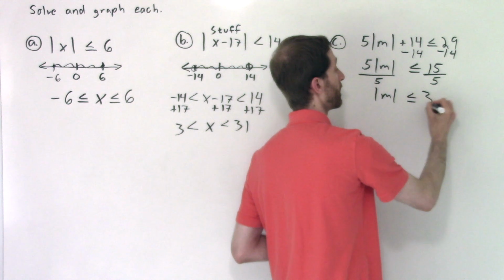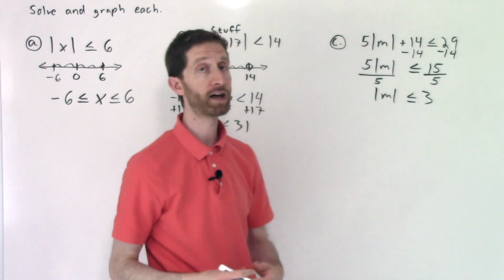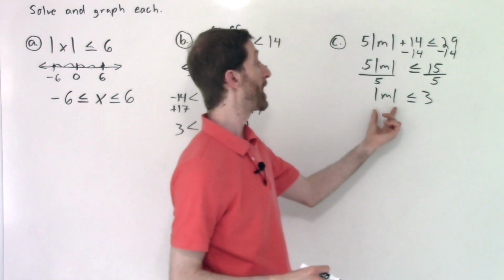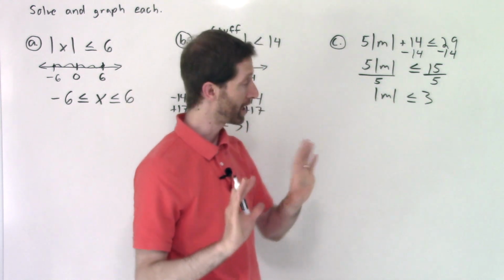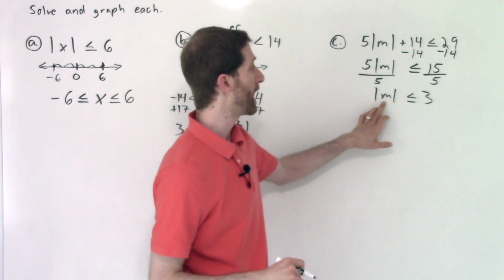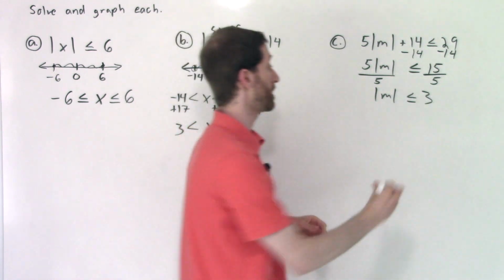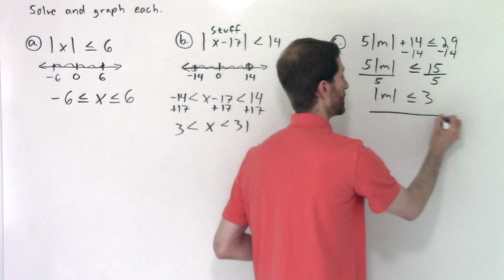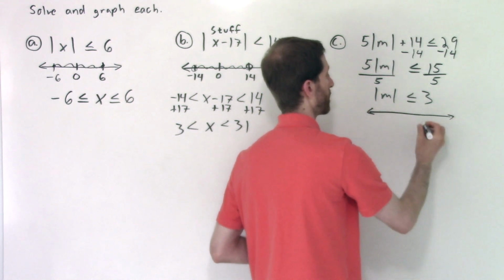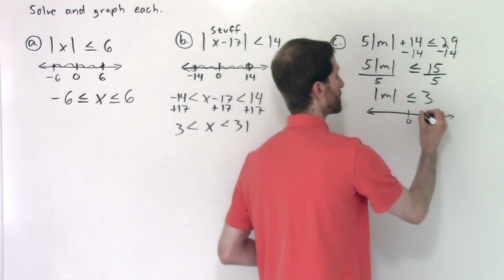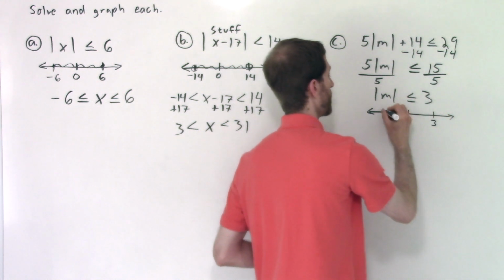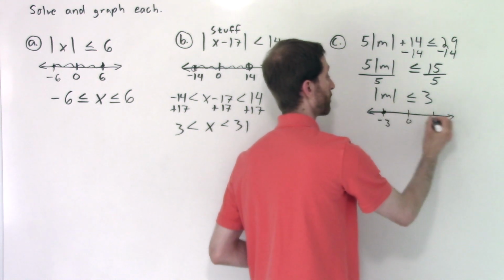Now, that's not our final answer. We still need to undo the absolute value. Some students will fall into the pit of just saying, oh, I'm done. Not quite. This says the distance that m is from 0 is less than or equal to 3, or within 3 of 0. So again, I like to at least visualize the graph, so I'm going to show you what's going on in my mind. If we're a distance of 3 away, that's in either direction, and that's including 3.